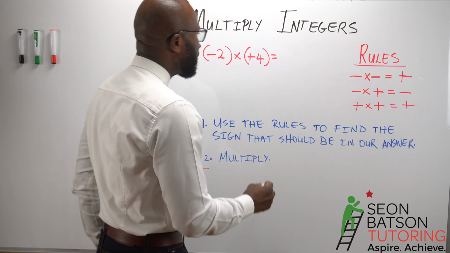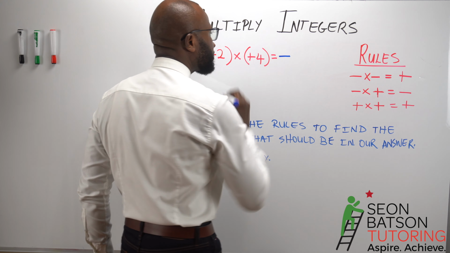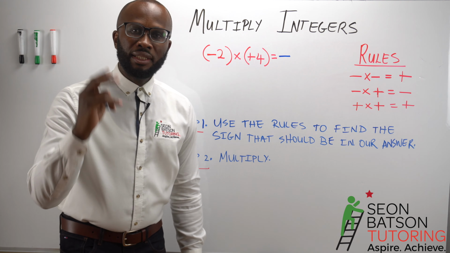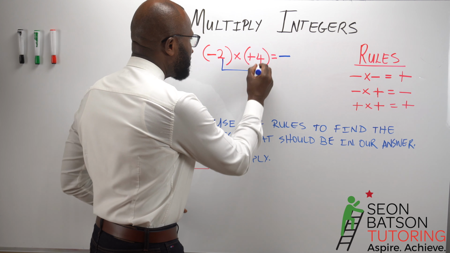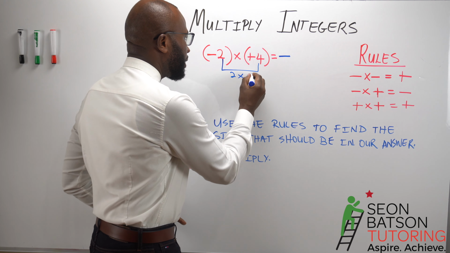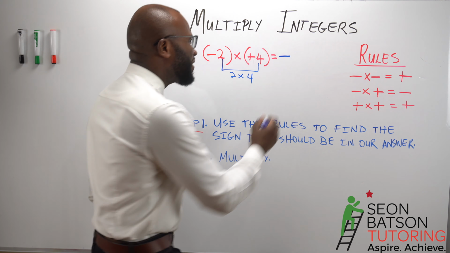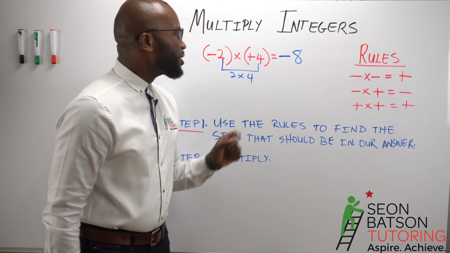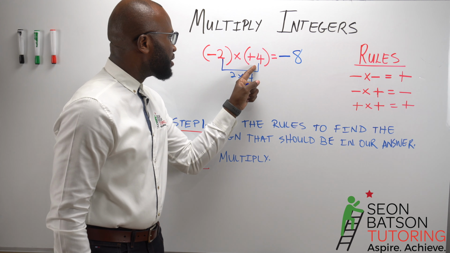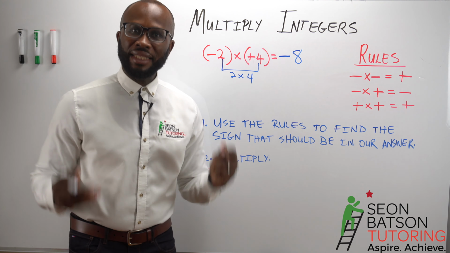So the very first thing we will do is put a negative sign. Then step 2, we multiply. 2 times 4 is 8. Very good. So our answer is -8. So a -2 times a +4 will give us a -8.